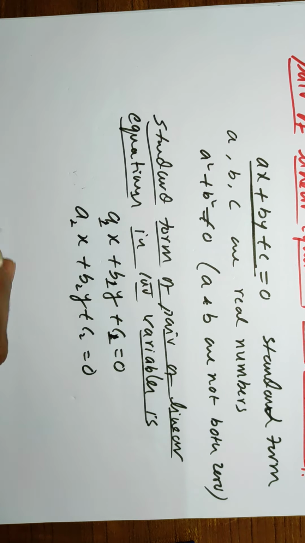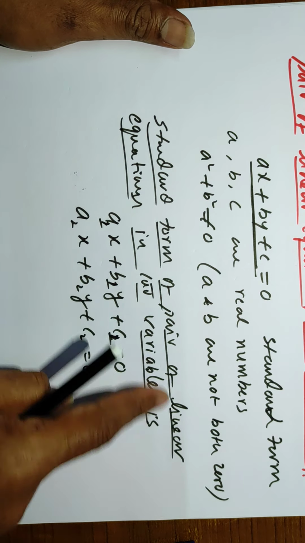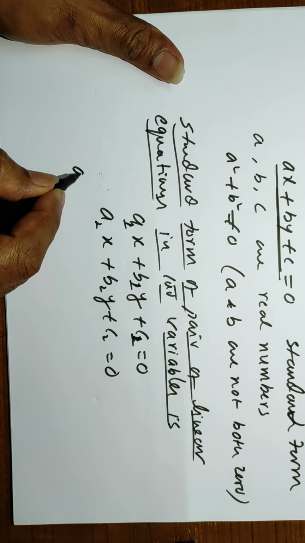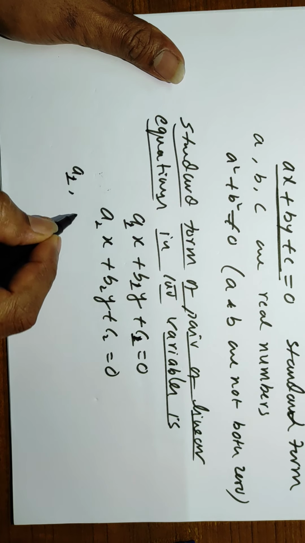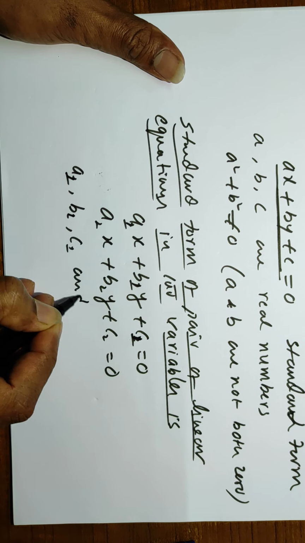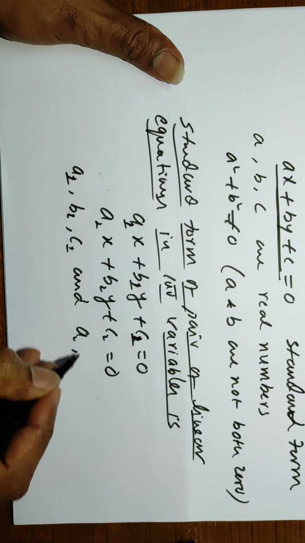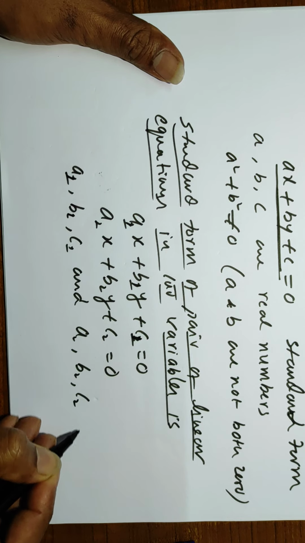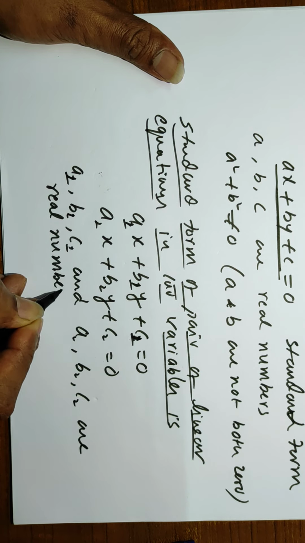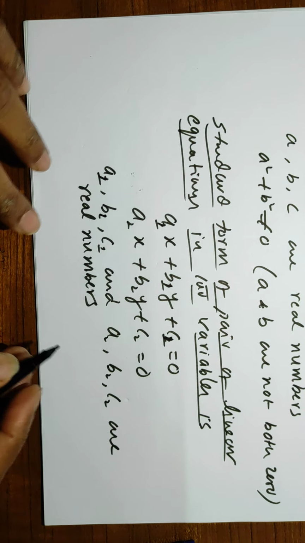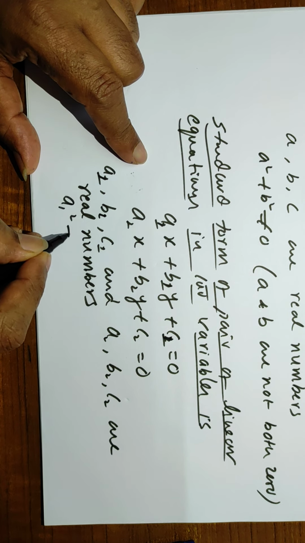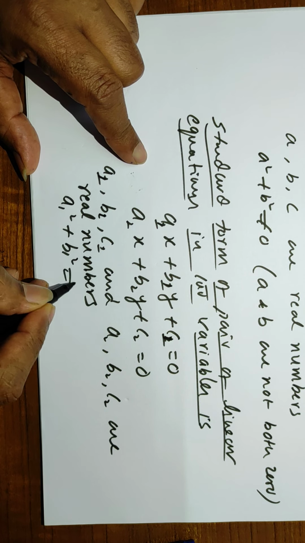So this is the standard form of pair of linear equations in two variables, where a1, b1, c1 and a2, b2, c2 are real numbers, and one more condition, that is a1 square plus b1 square should not be equal to 0.